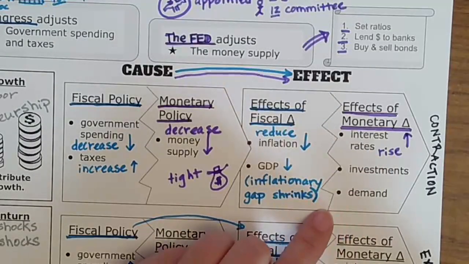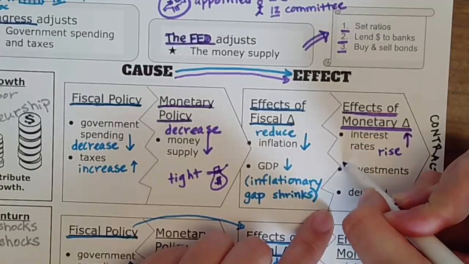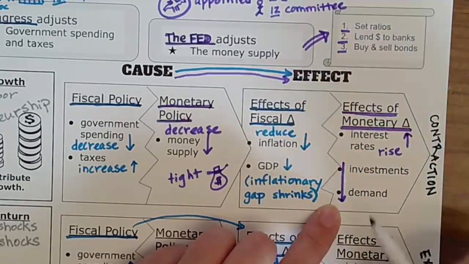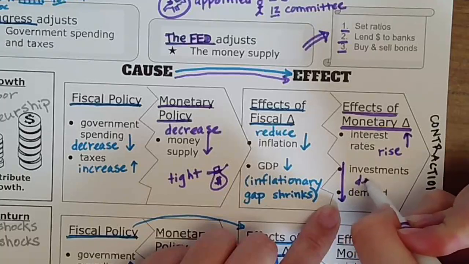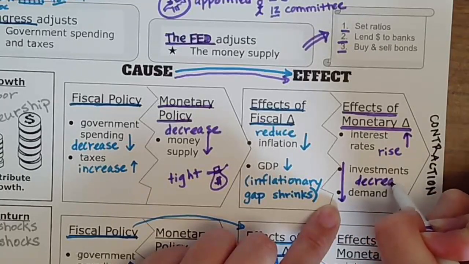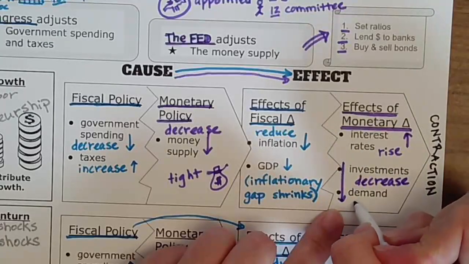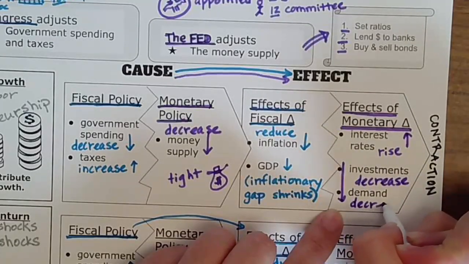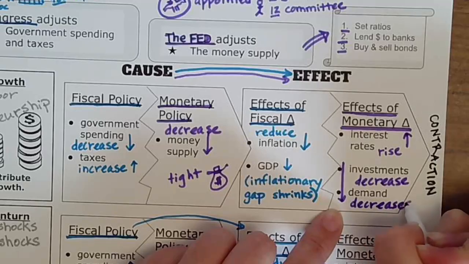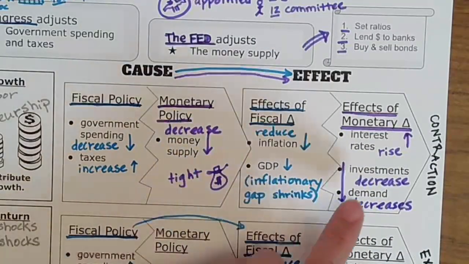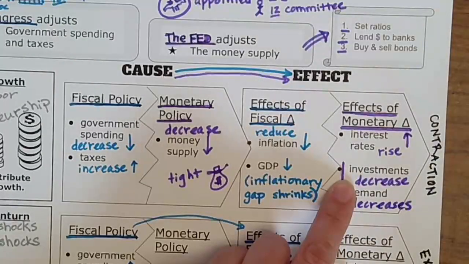Okay, and then there are two things that are going to decrease. Investments generally are going to decrease, and demand also decreases. So if they take out the money supply, there's not as much money to invest.